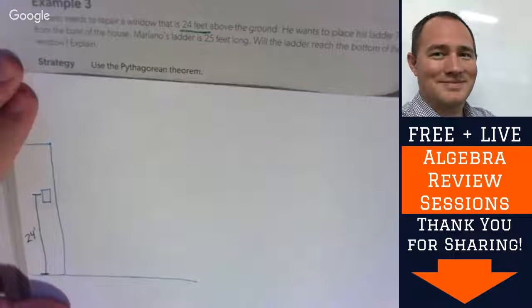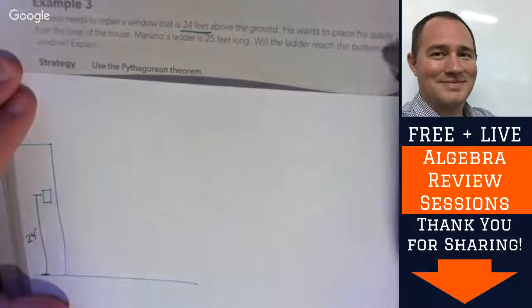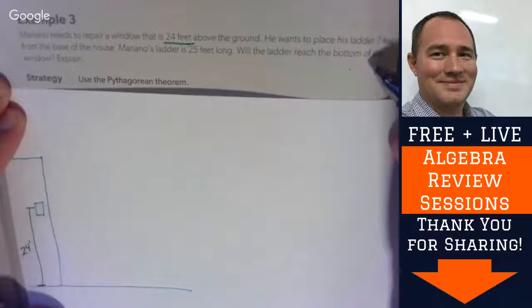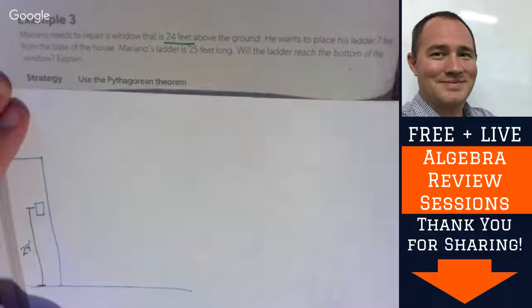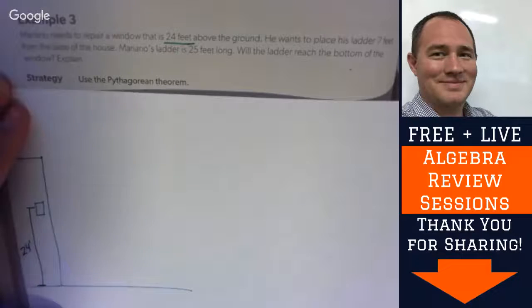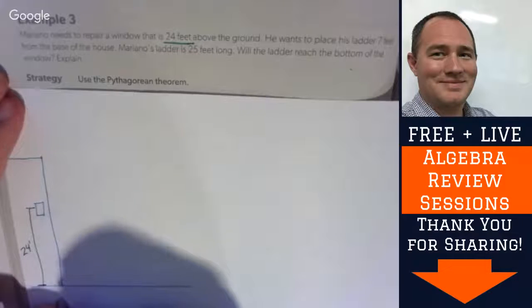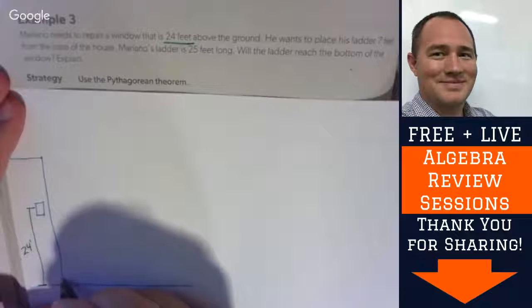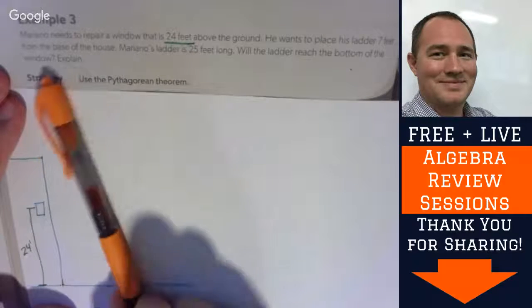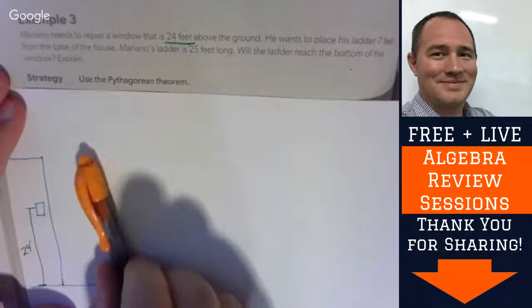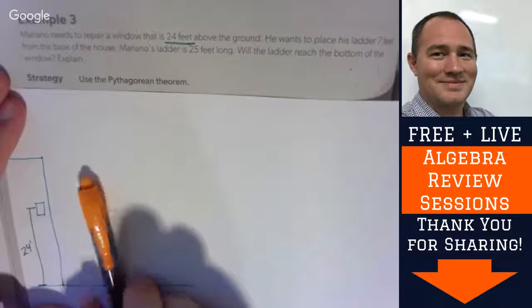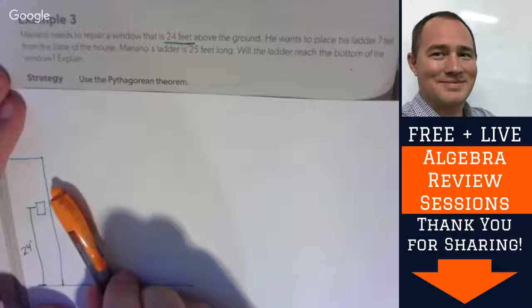He wants to place a ladder 7 feet from the base of the house. That's pretty easy to identify, right? Where's the base of this house or building? Base is here. And what does the ladder look like when we lean it up against the wall? We're going to lean it like this, right? And we want to make sure it's the right distance away.